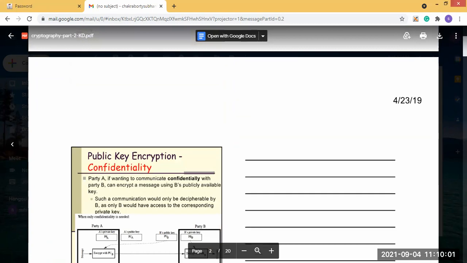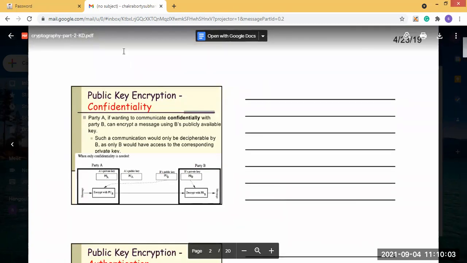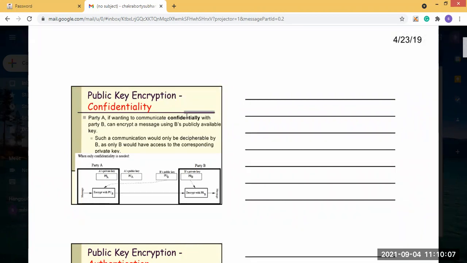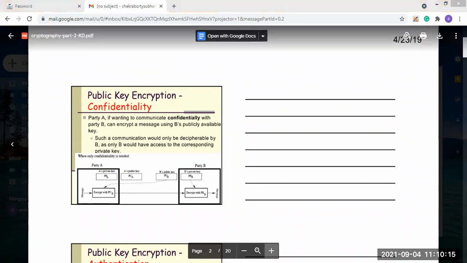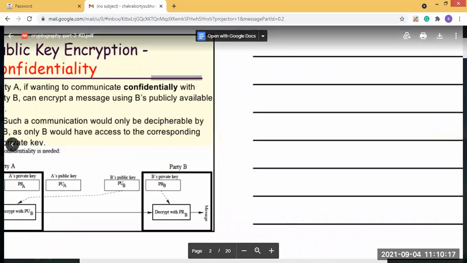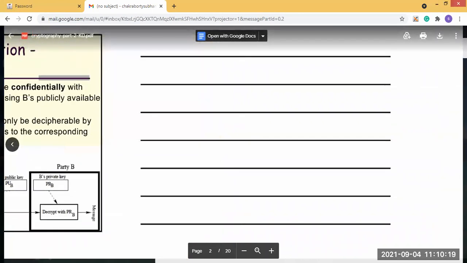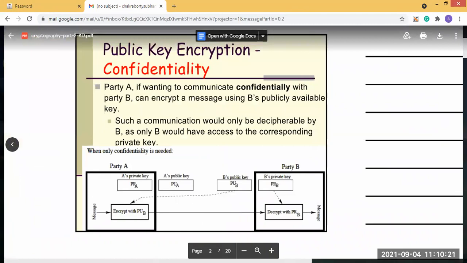This is the network security part of confidentiality. Now, this is what we have written: if A wants to communicate confidentially with party B, then observe this diagram.